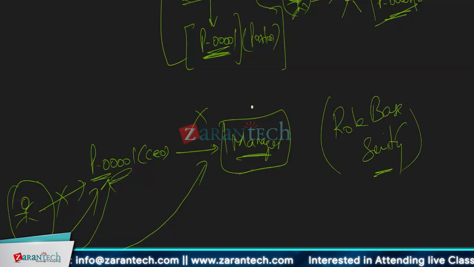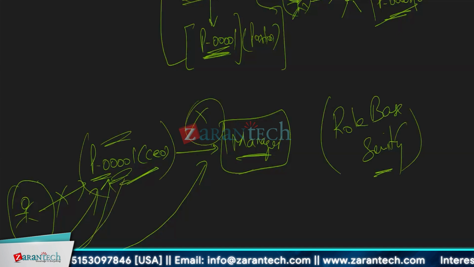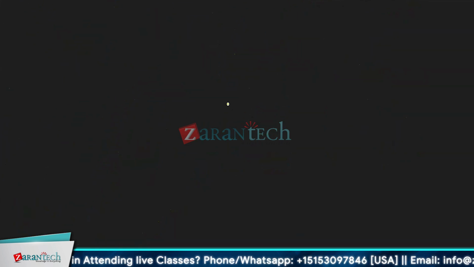You are not assigning the security to a person, rather you are assigning the security to a position. And all the roles assigned to that position will automatically be inherited by the person who is allocated to or occupying that particular position. So what you'll do in Workday is create a role-based security group.